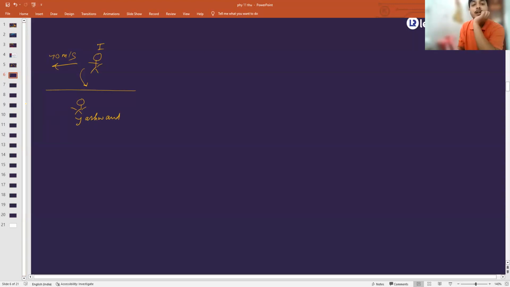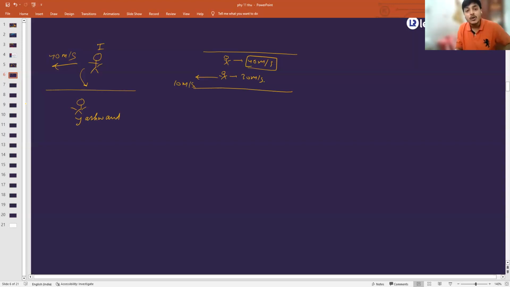For example, one more thing. If I am moving with 40 meters per second this way, and Yashwant also is moving in the same direction with 30 meters per second, what will I say? If my 40 meters per second is zero, that means Yashwant is moving backward with 10 meters per second. And in reality, what will happen? I will take over Yashwant with a net speed of 10 meters per second.